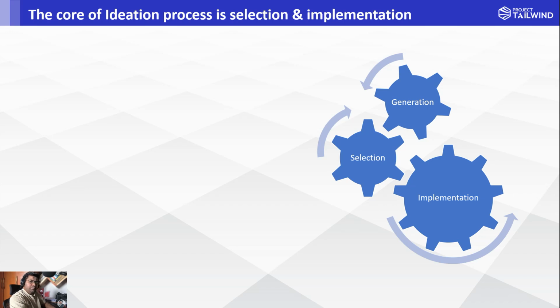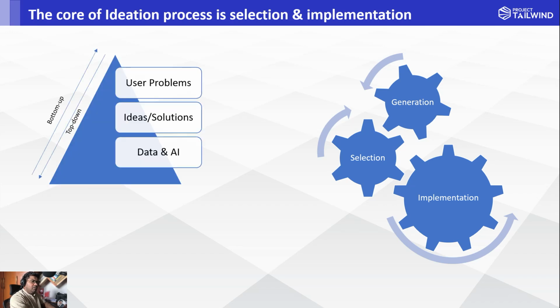And also, there are two approaches for idea generation. One is top down. In top down, you discover customer problems and user needs, and then you ideate and build solutions. In that solution, possibly you're leveraging data and AI capabilities.